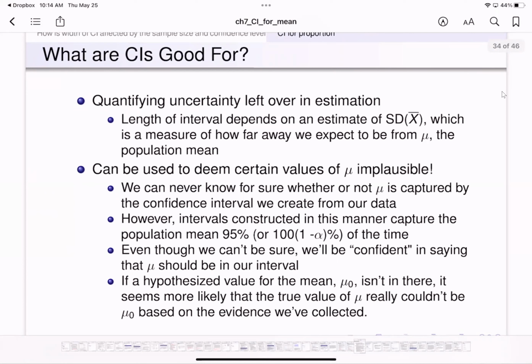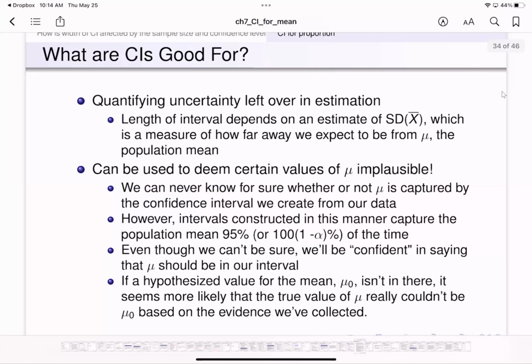If, after we take into account the variation, we find that the mu is in the interval, then that gives us pretty good assurance if the confidence level is high.